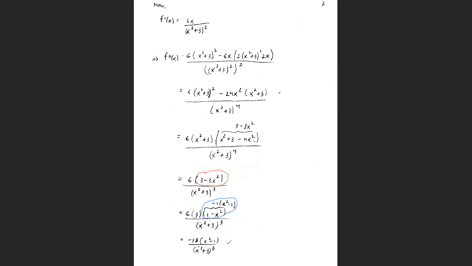Okay, I can do that. And so I get negative 18 times x squared minus 1 over the quantity x squared plus 3 cubed for my second derivative.